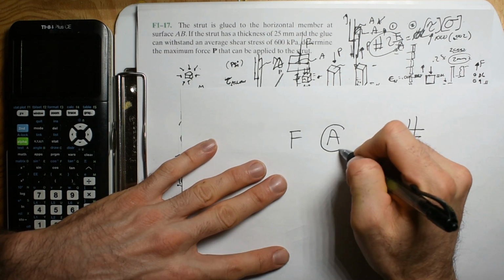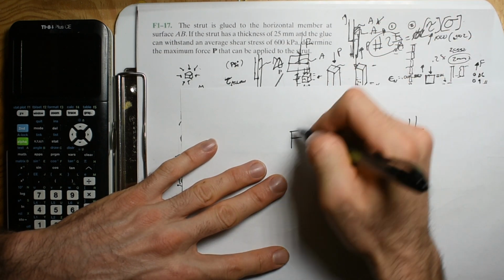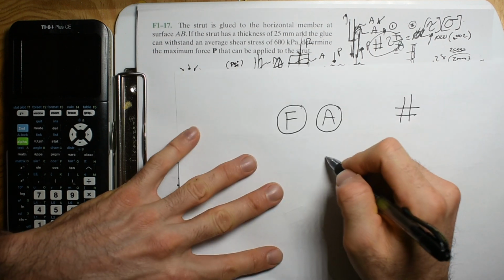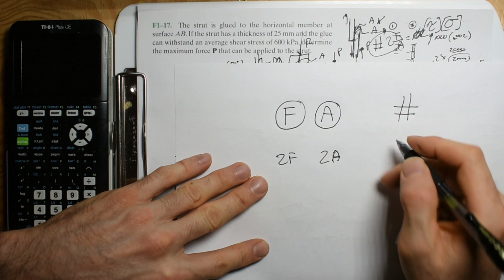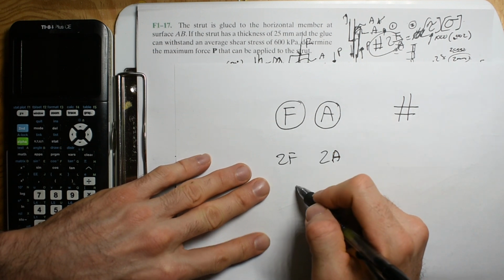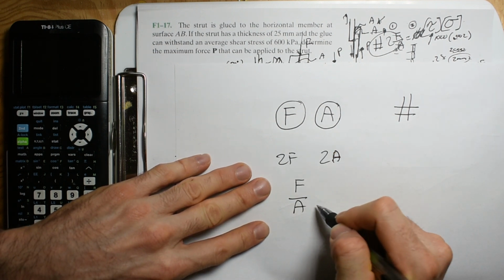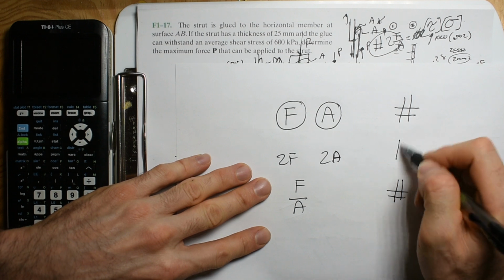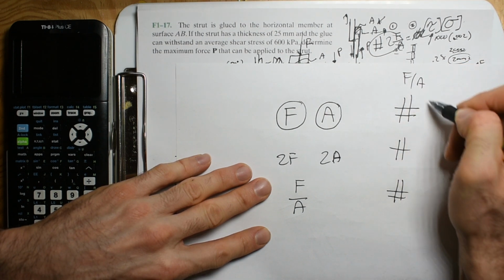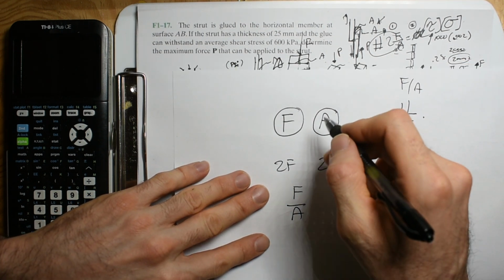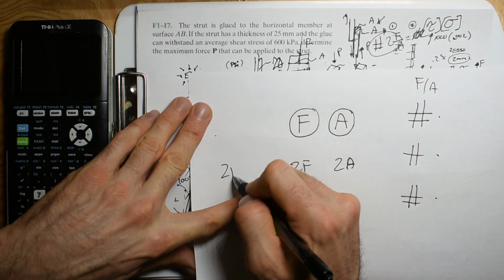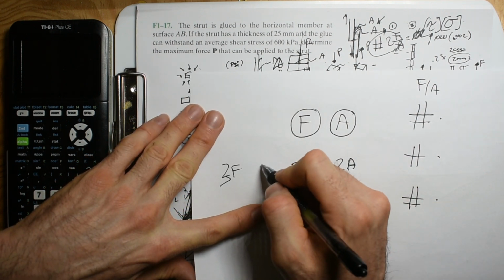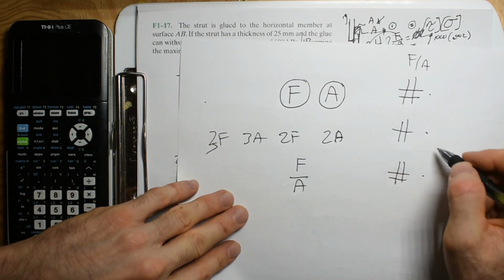If I'm given this area on this glued surface, I can put this much force. If I double that area, I can double that force. What stays the same is the ratio. The force per area is the same number, regardless. So if I triple the area, then I can triple the force.